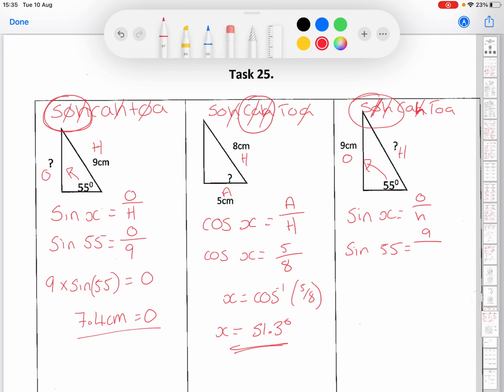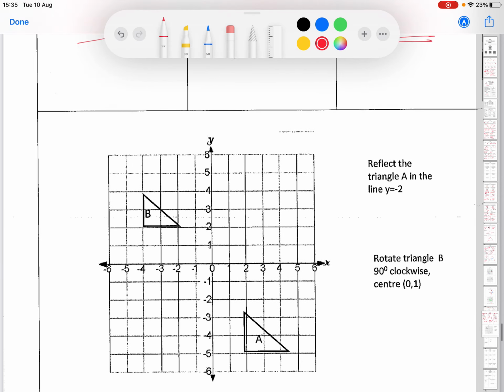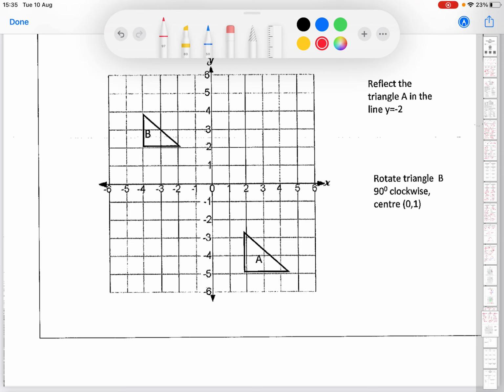So sine of the angle 55 is going to be your opposite, which we have this time, is 9 over your hypotenuse, which we don't have. The thing we're trying to find is on the bottom, so we're going to divide. So we're going to do 9 divided by sine of 55. Don't forget to put that in brackets on your calculator to give us our hypotenuse, which should be 10.99. If you round that to 11, that's fine.